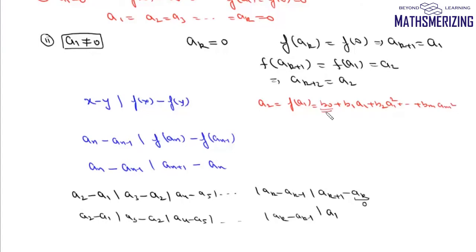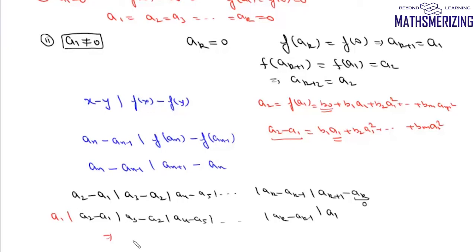Now b0 is nothing but a1, so a2 minus a1 is b1a1 plus b2a1 squared plus up to bm a1 to the power m, and a1 can be factored out of it. So that means a1 divides a2 minus a1. Now a1 divides a2 minus a1, which divides a3 minus a2, which divides ak minus ak-1, which divides a1. So each of these factors must be either plus or minus a1.